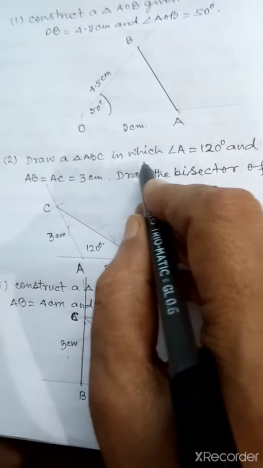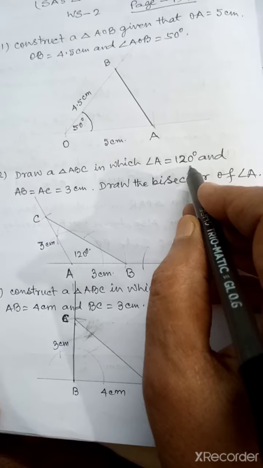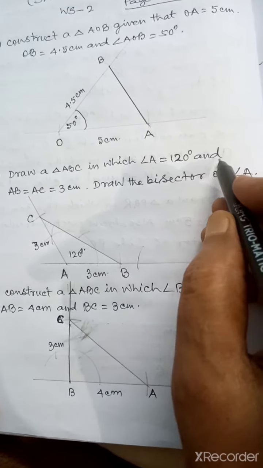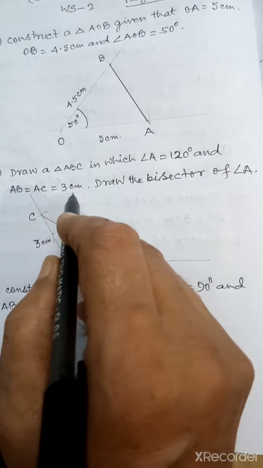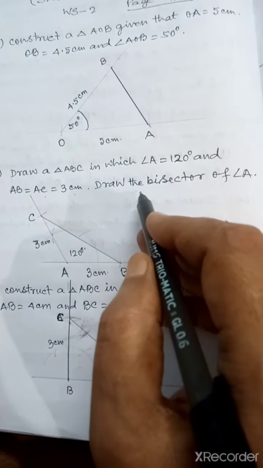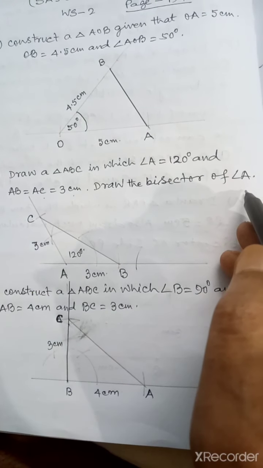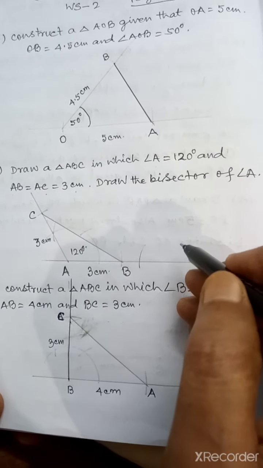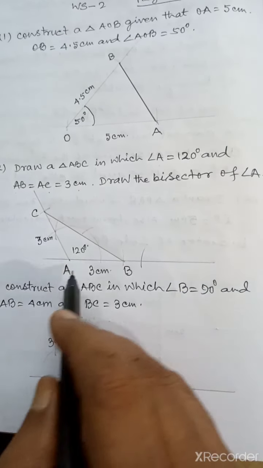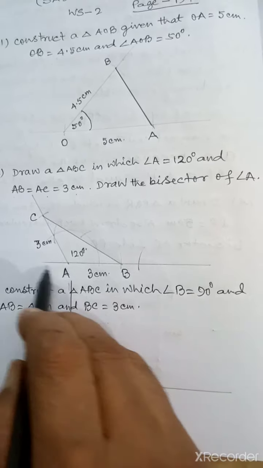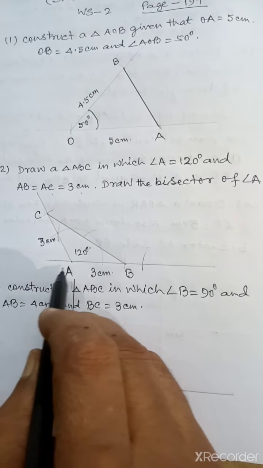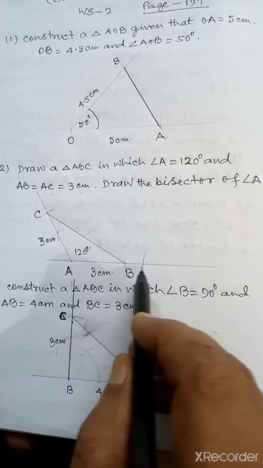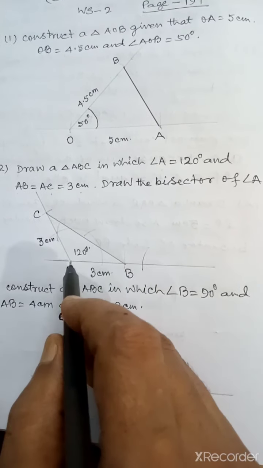Draw a triangle ABC in which angle A is 120 degree and AB equal to AC equal to 3 centimeter. Draw the bisector of angle A. Draw a line and cut line segment AB equal to 3 centimeter.